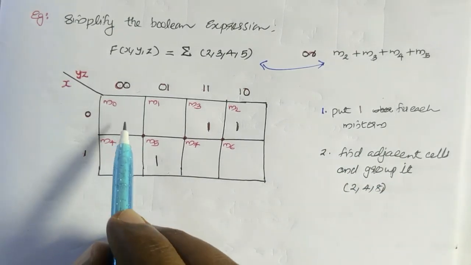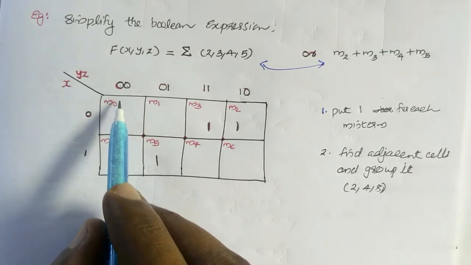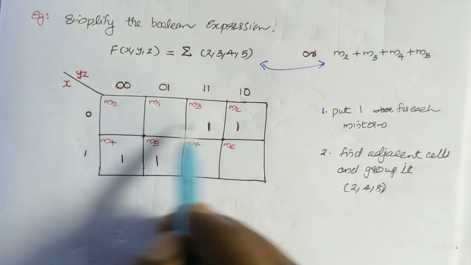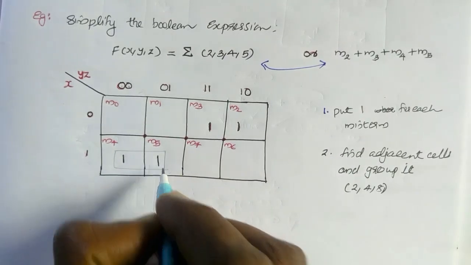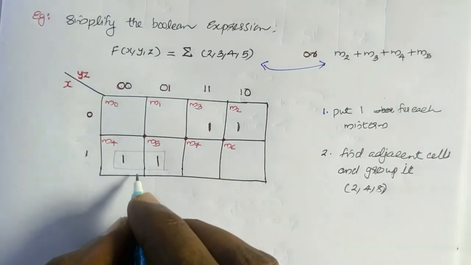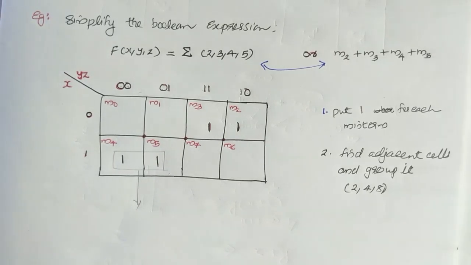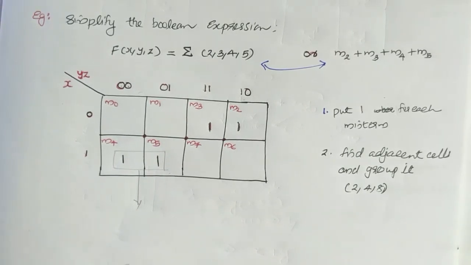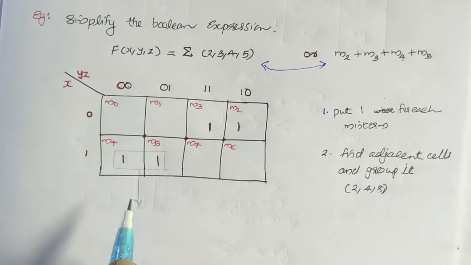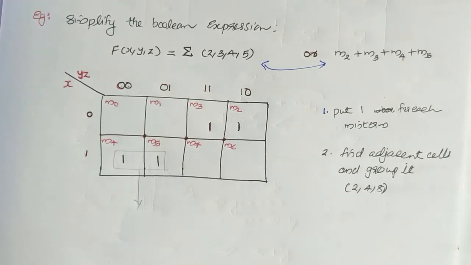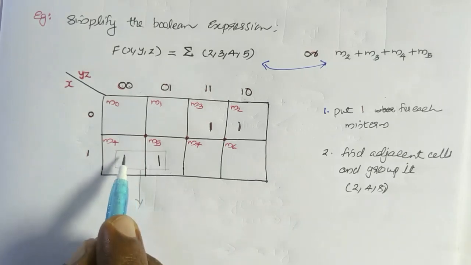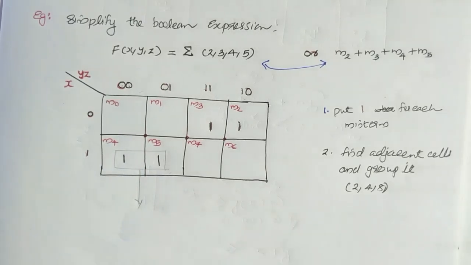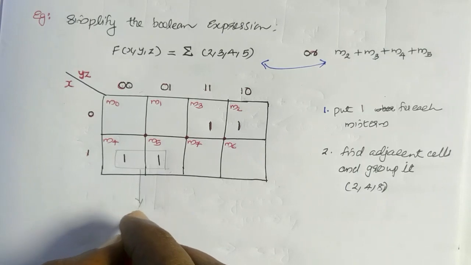You can have adjacent cells vertically as well as horizontally, so you can group this here. By grouping this, you have to find the variables that do not change. So here you have x, and for both min terms the x is the same.